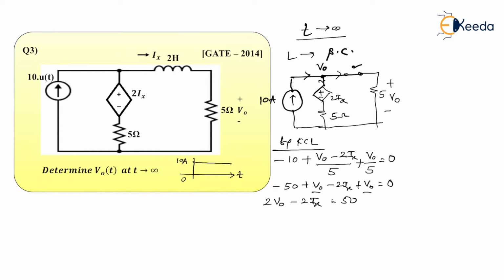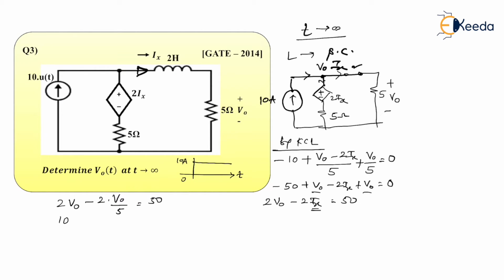Now the question is Ix. Where is Ix? Observe Ix carefully. Ix is the current which is flowing through this branch, am I right? So at t tends to infinity, if I say this is Ix, then Ix is simply V naught by 5. So further I can write 2V naught minus 2 times V naught by 5 equal to 50.